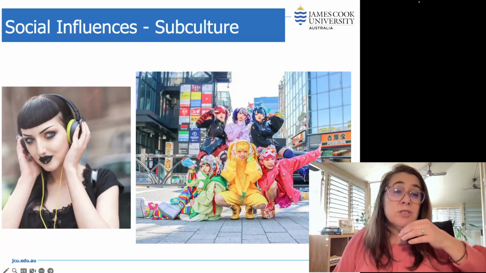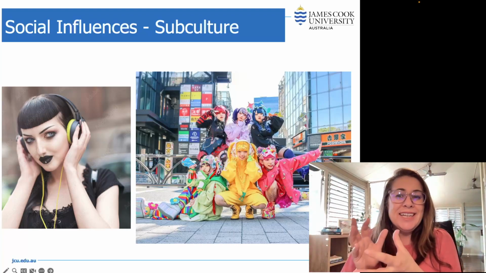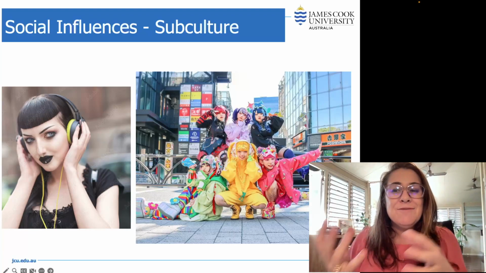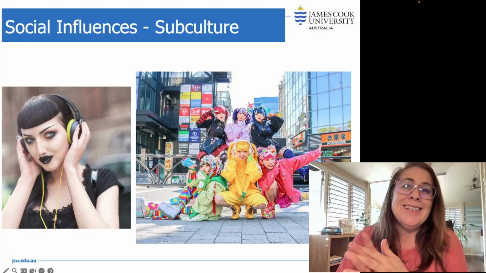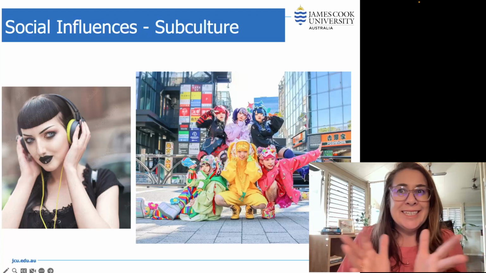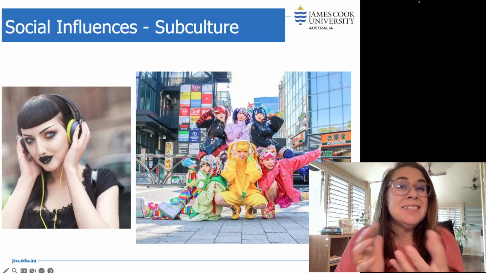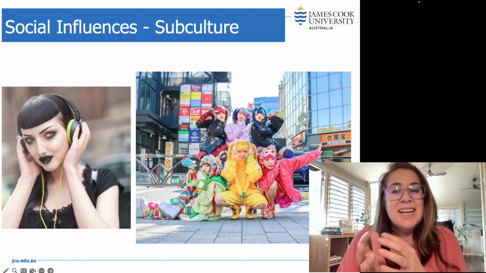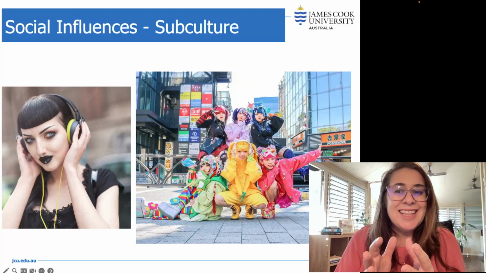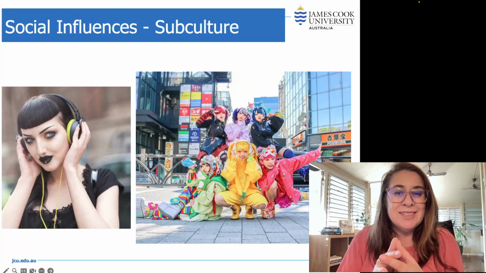So within our culture, we also have subcultures, and this is a group of individuals whose characteristics, values, and behaviour patterns are similar, but also differ from the surrounding mainstream culture, as you can see in the images here on the screen. Subculture boundaries are usually based on geographic designations and demographic factors. However, tech is changing that, and subcultures of consumption are really evident now online.